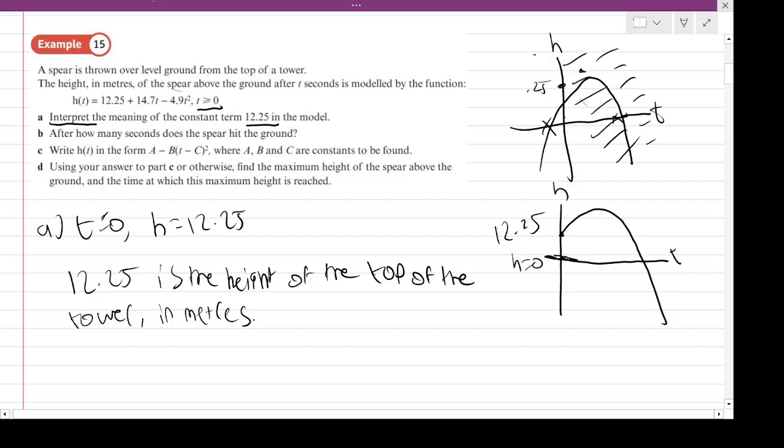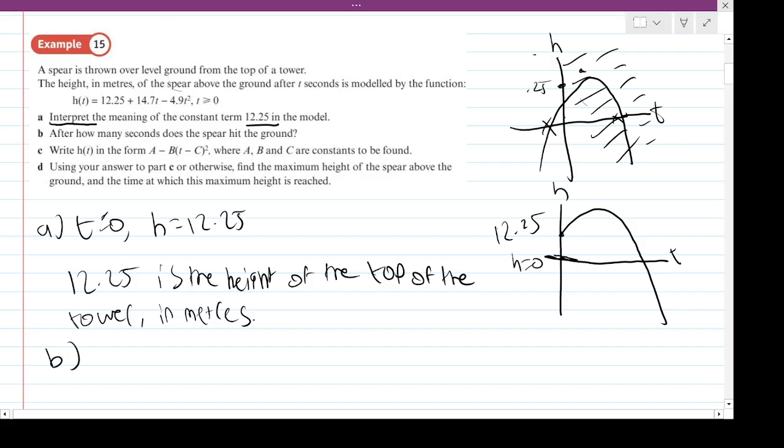So here it was when t is 0, so the start of the model, the start of when the equation happens, the start of when something happens. Usually that's what you want to consider. In this case, it was true because t equals 0 gives a height of 12.25. So that's the starting height. Well, that'd be the height from the top of the tower. Anyway, so that's part A.